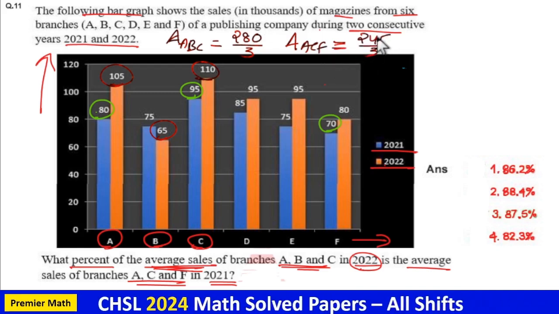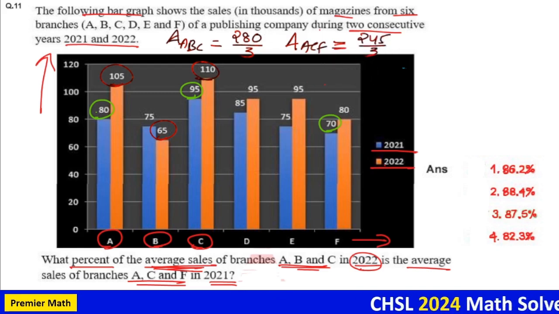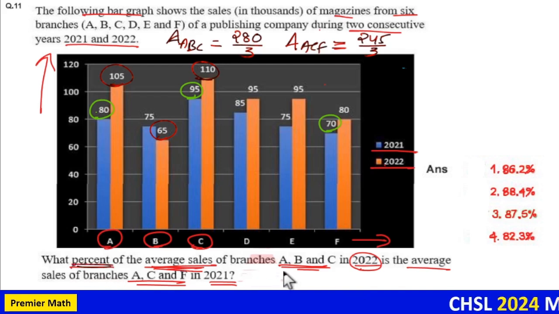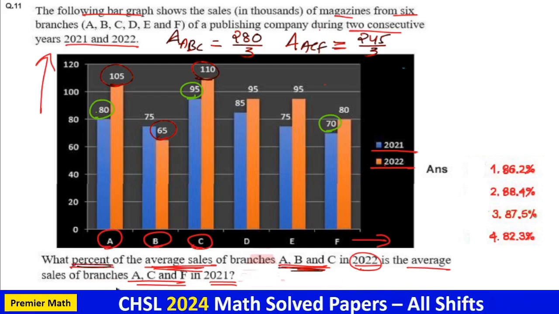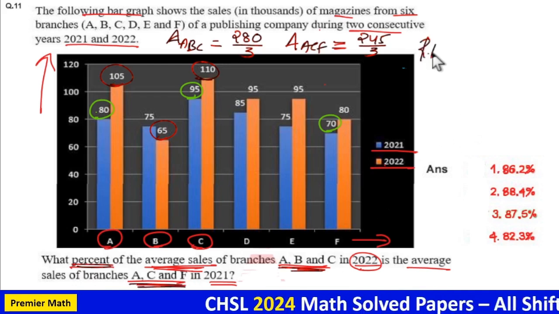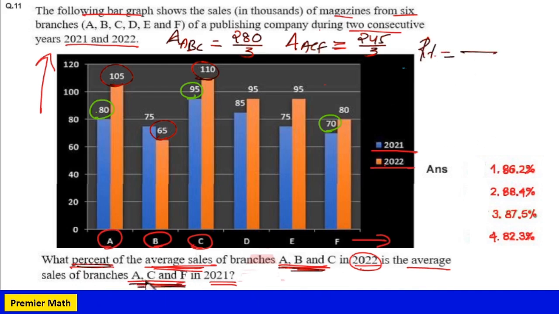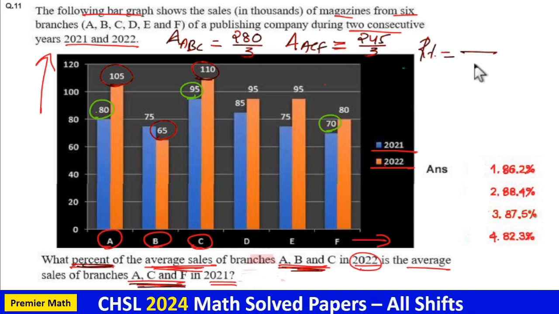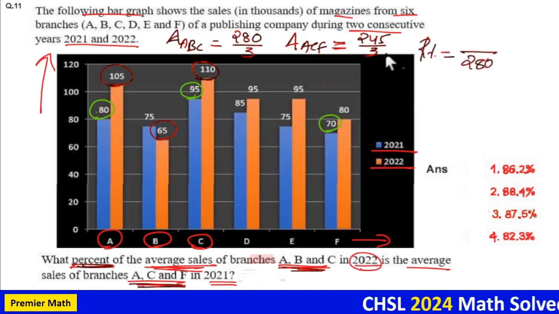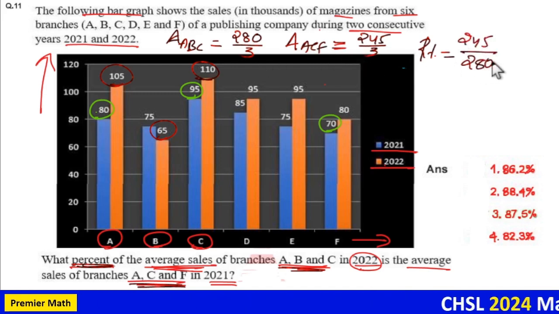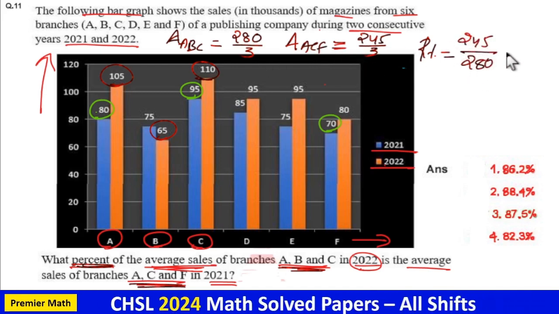Average sale is 245 by 3. Now we need what percentage of ABC is ACF. Required percentage is equal to what percentage of ABC is ACF. So ABC is 280 and ACF is 245. Here 3 will cancel each other. So just take 245 and 280.